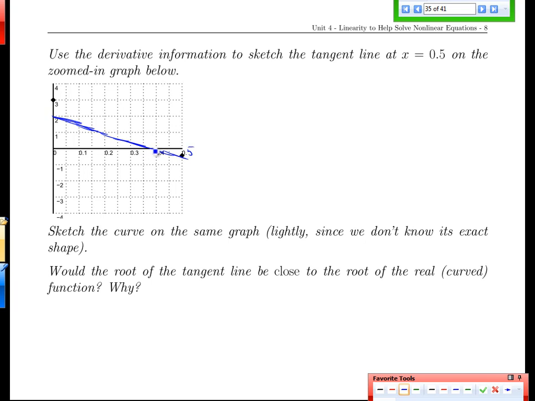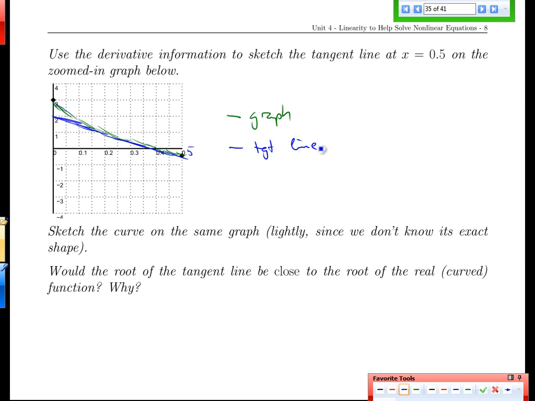And we can see that the real curve, drawn in green here, is going to look an awful lot like the blue line, the tangent line. So this is the actual graph, and the blue line is the tangent line.